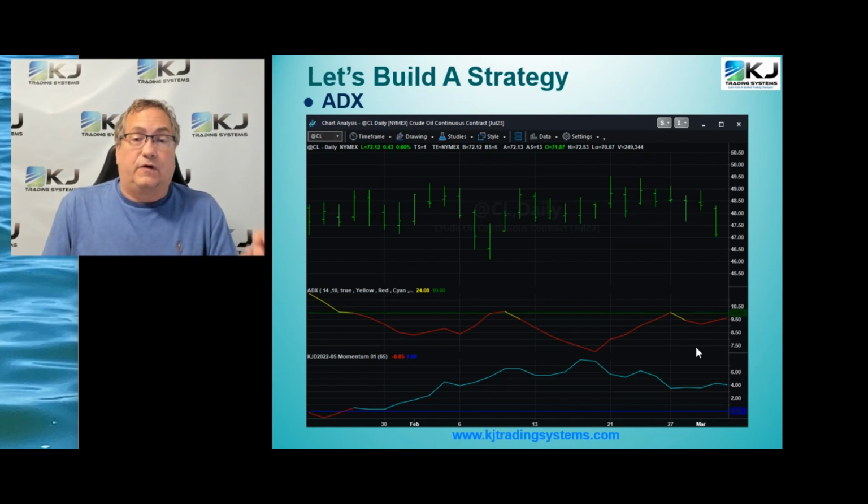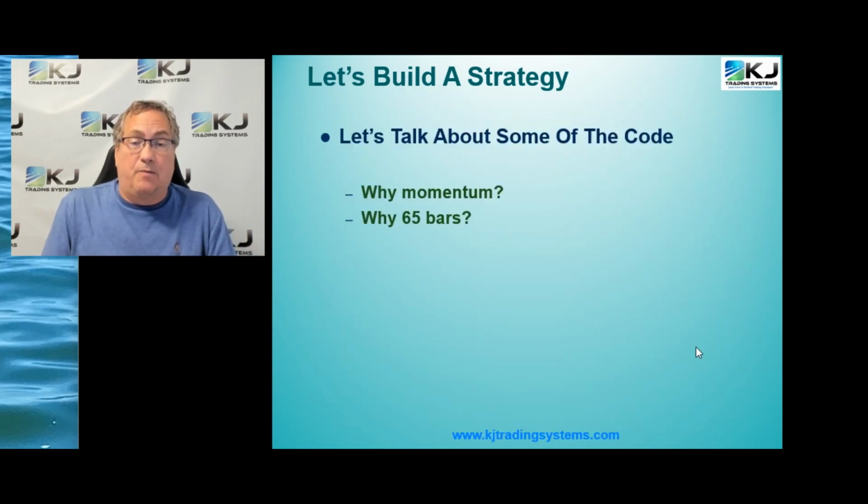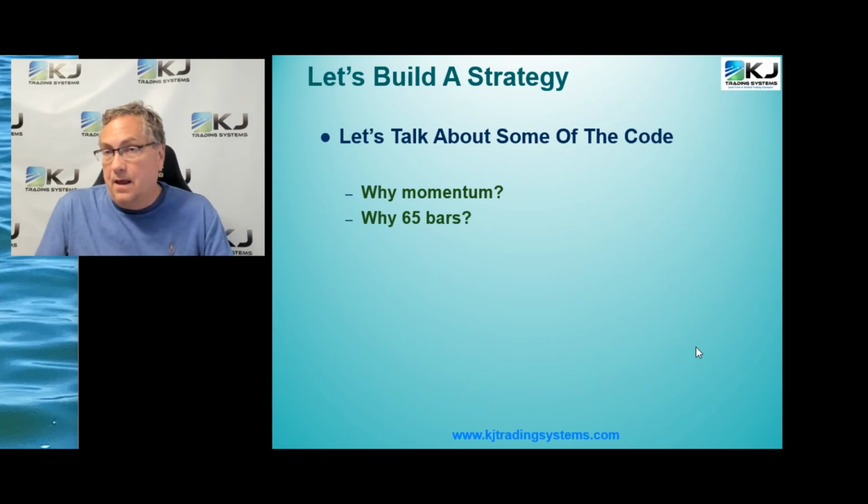Well, to back up, let's talk about that momentum. The reason I use momentum is I have just found it to work really well on numerous different occasions. And 65 bars is roughly 3 months of trading on daily bars. So that's why I use the 65.